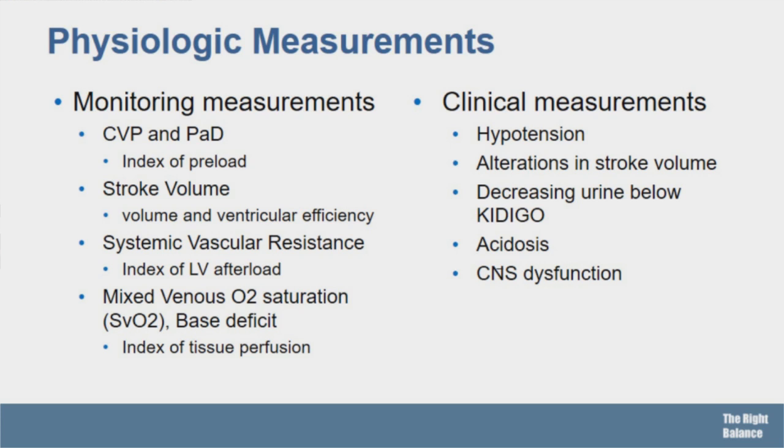Why is this so important to us? Why are we so concerned about stroke volume versus blood pressure, either systolic, mean, or diastolic pressure? Because stroke volume gives us a measurement of cardiac response to volume loading, and that's going to be very important.